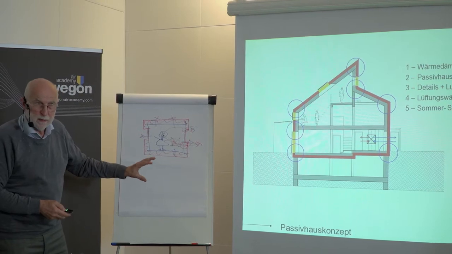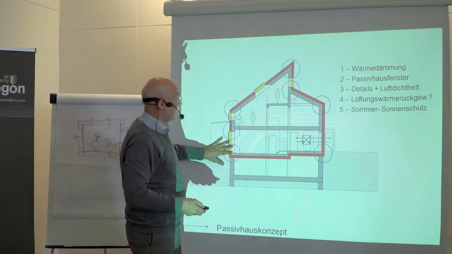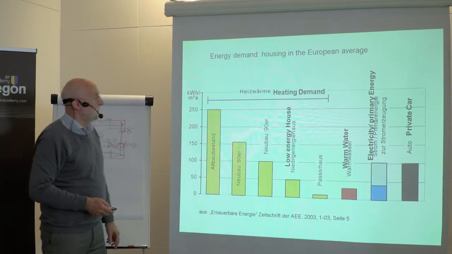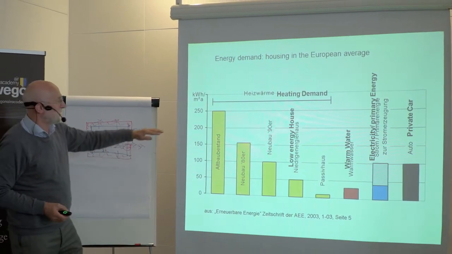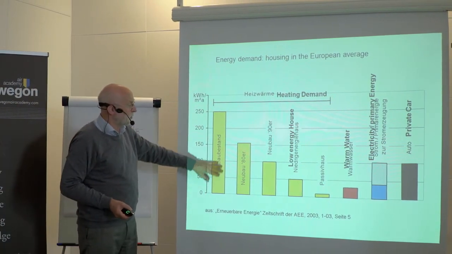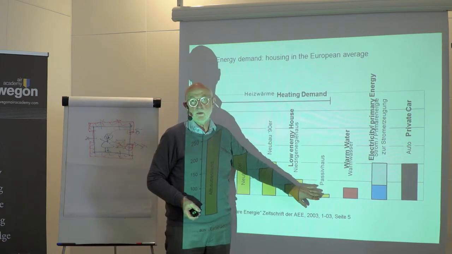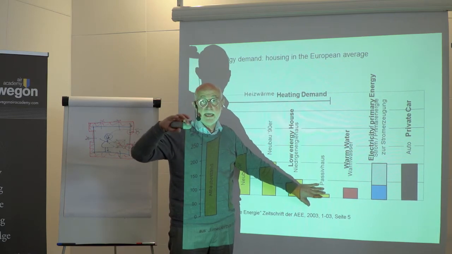For the summer, we have to care that not too much sun goes into the house, and therefore we have to make sun protectors. In this strategy, which is more or less a passive house strategy, we have come down from old buildings, from the recent standards, to passive house quality. And this quality concerns heating.